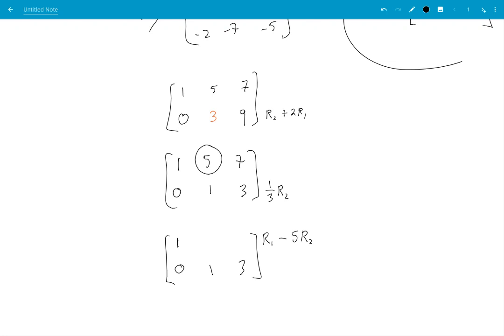Here I have 5, and that's going to be subtract 5 times 1. So 5 minus 5 is the 0 I want. And then I have 7 minus 15 is negative 8.